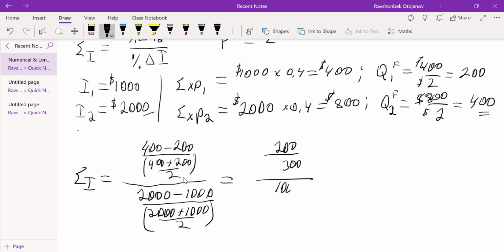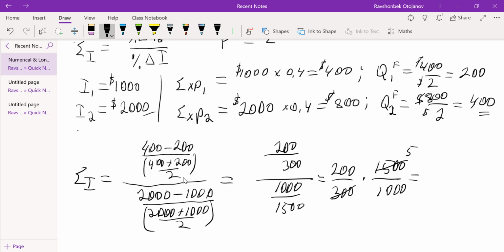And for income, 1,000 over 1,500. Let's put them in an easy to calculate form, so that flips. Now what we have here, this is 5, and this is 5 too, so 5 over 5 is equal to 1. So the income elasticity is equal to 1.